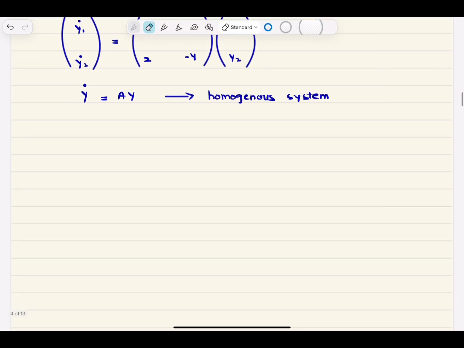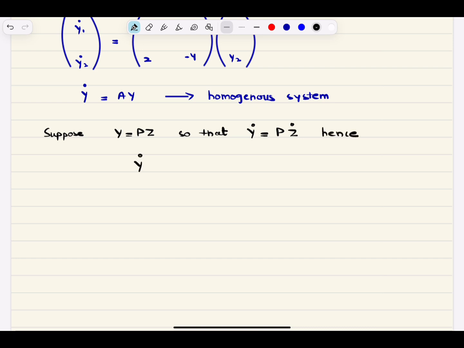I'm going to do a change of variable. Suppose that y is equal to Pz, so that the first derivative will be P times the first derivative of z. Hence, when we have y dot is equal to Ay, I'm going to substitute this here, and I'll be left with P z dot is equal to A P z.